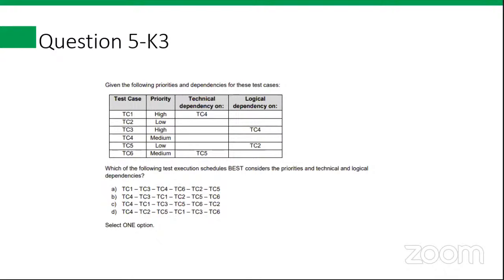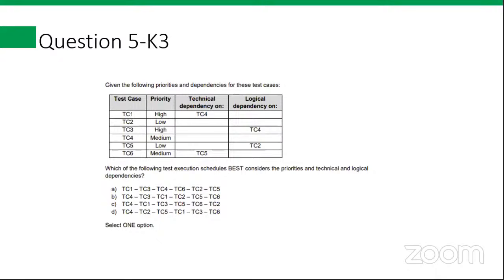That is, first one is test case number 1, test case 2. You have around 6 test cases given, and then you have the technical dependency as well as the logical dependency. Then you have a priority. Based upon the intuition that something gets executed on a priority basis only if you look up the dependency it's related to.